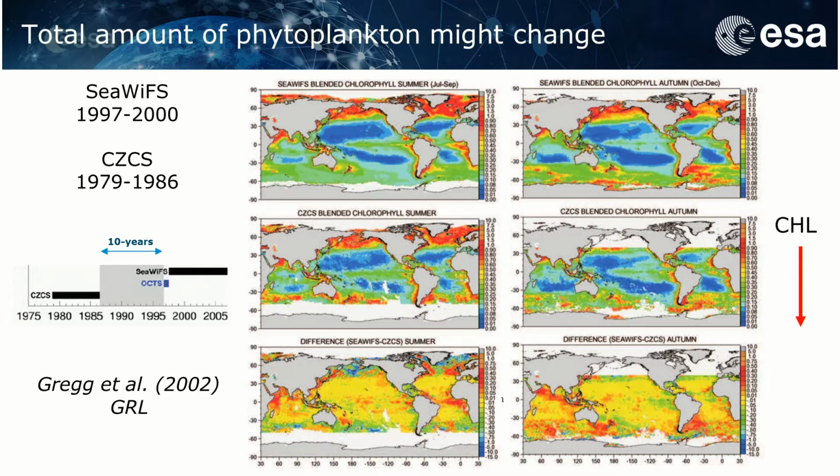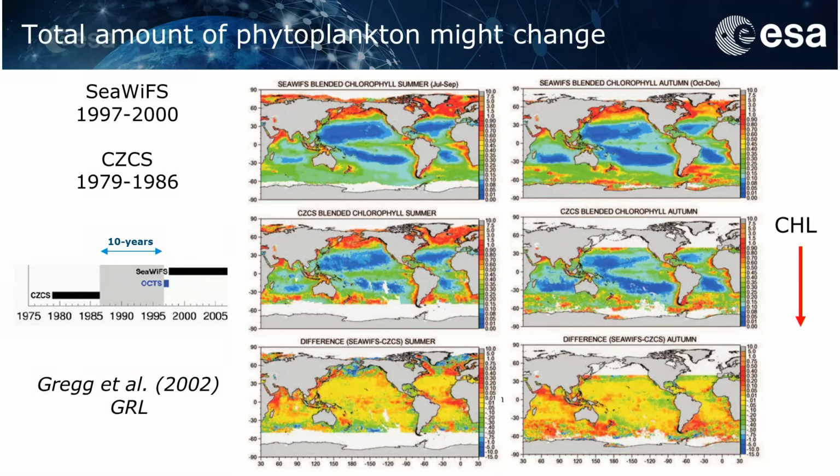Now, one of the biggest difficulties with this is bridging these two data sets. I mean, we know that the SeaWiFS sensor is a higher quality, better characterized sensor than CZCS was, which was just proof of concept. However, it's very difficult to compare these two without some independent data set.